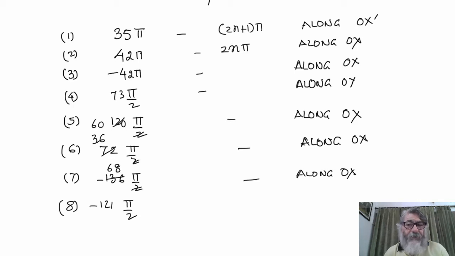If it was positive, and 1 was the remainder, it would fall along OY. But because it is negative, it is going to fall in the opposite direction, along OY dash.